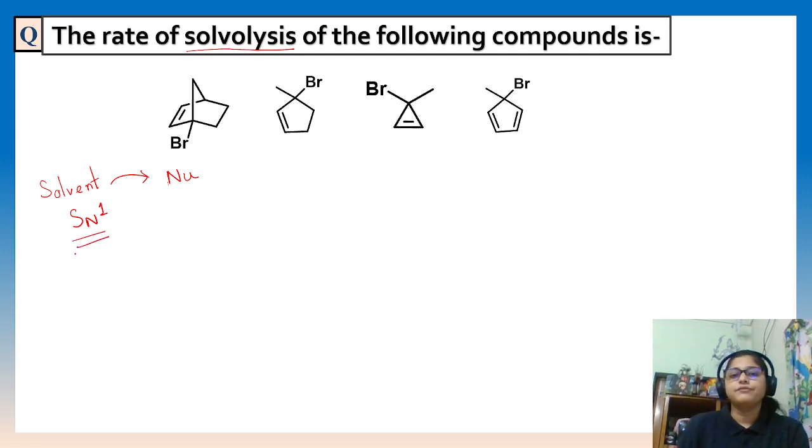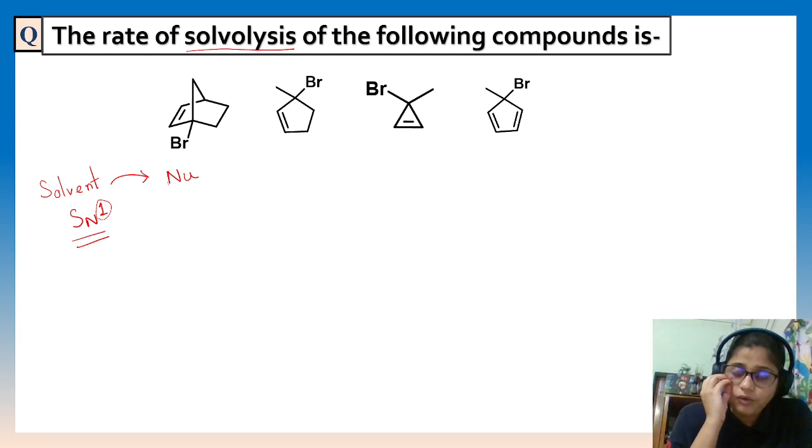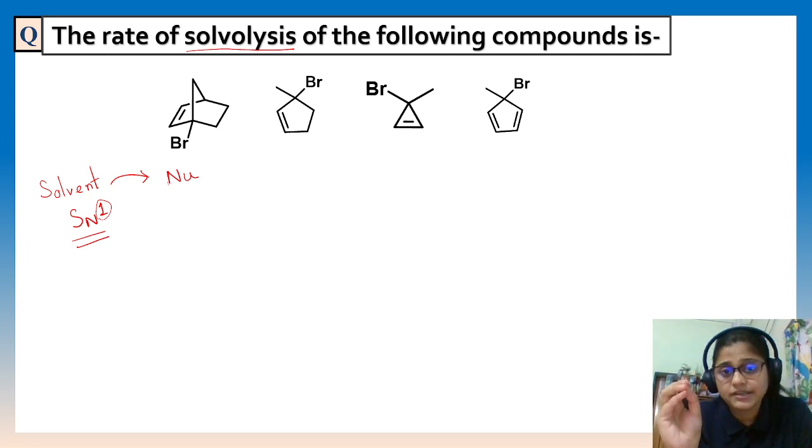I have to tell you this because I have not taught you SN1 reaction yet. In SN1, substitution nucleophilic 1 means the order is 1, in the rate equation only one concentration matters.